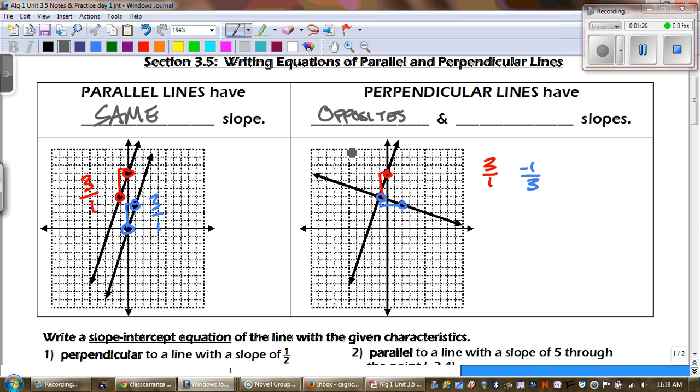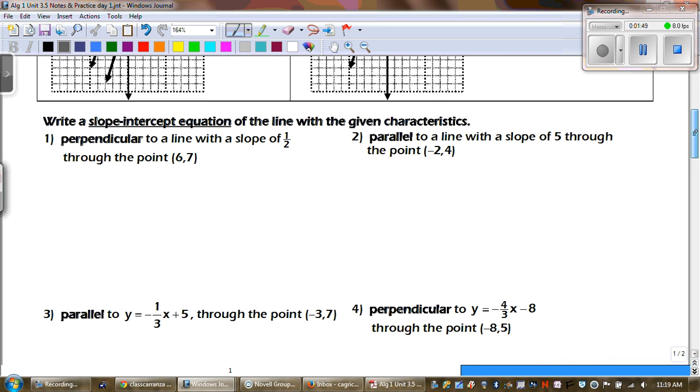What that means is one is positive and one is negative. And the other thing that I notice is that it's a reciprocal. 3 over 1, 1 over 3. So when we have perpendicular lines, their slopes are opposite reciprocals. Okay? So let's take a look.